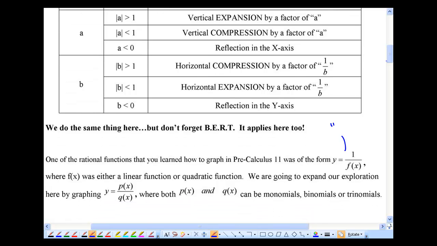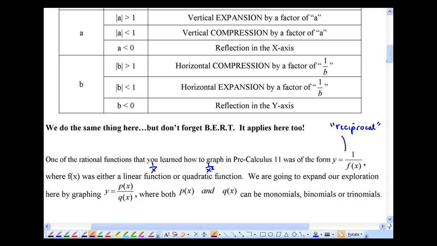This was called the reciprocal function, because 1 over just meant the reciprocal. We did f of x as a linear function, so you saw something like this, or something like this, quadratic. We're going to look at that again today, but we're going to expand our exploration by not just graphing those ones, but also some more complicated functions that can be made up of p and q being monomials, binomials, or even trinomials.